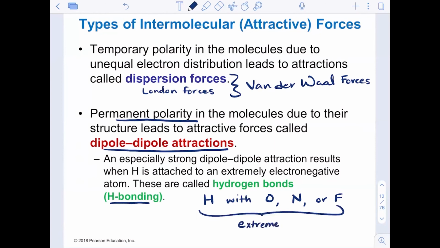Now remember, this is a covalent bond. When this bond is present in a molecule, that polarity difference creates an extremely strong permanent dipole. And that interaction between two molecules that have these extremely polar covalent bonds is called hydrogen bonding.